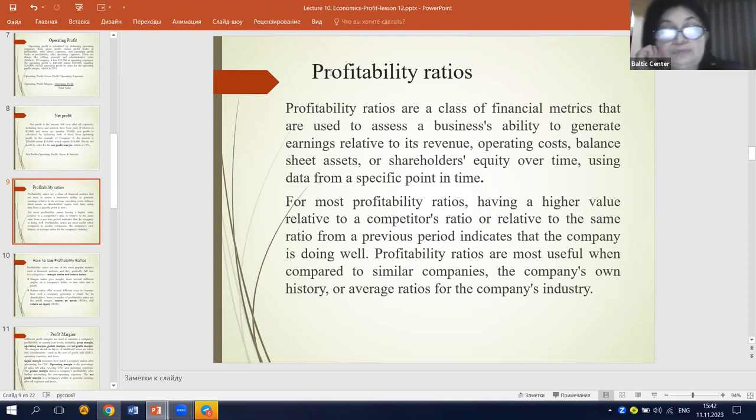For most profitability ratios, having a higher value relative to competitors, or relative to the same ratio from the previous period, indicates the company is doing well.